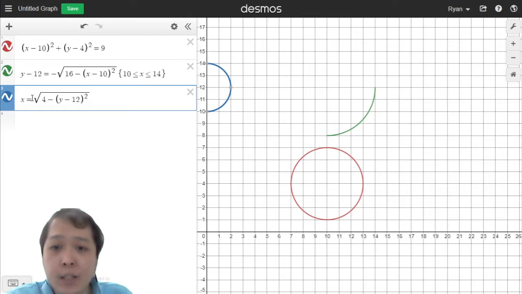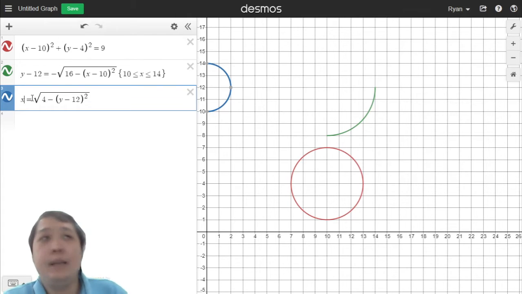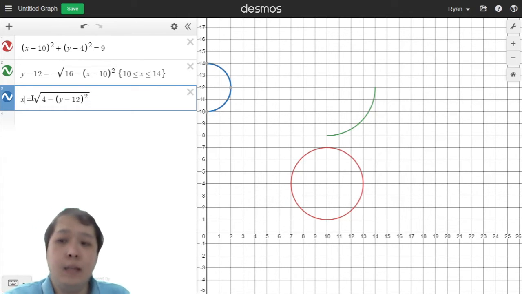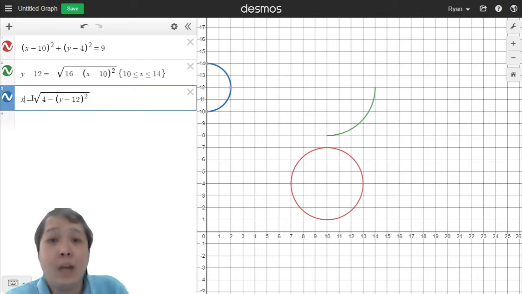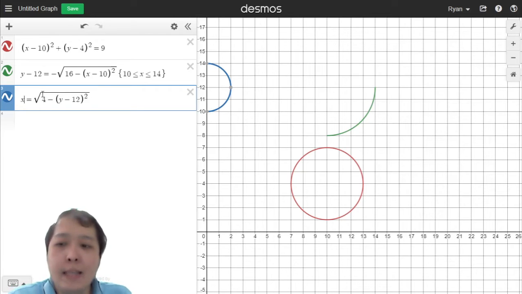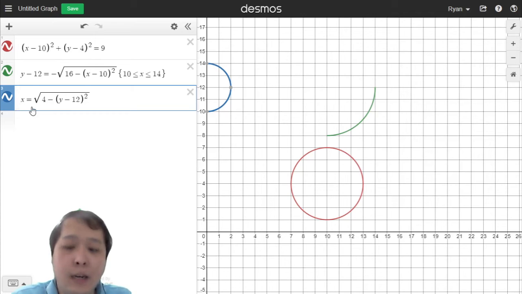Okay, x is a function of y. Normally, it's always y that is a function of x. f of x sounds very familiar, right? Here, the opposite. So x is a function of y, f of y. That's why x is lonely here, right?